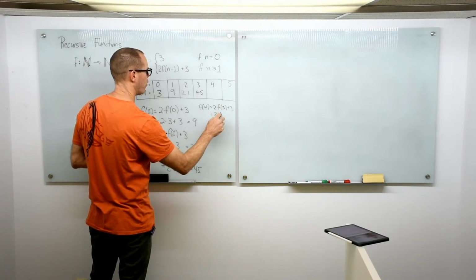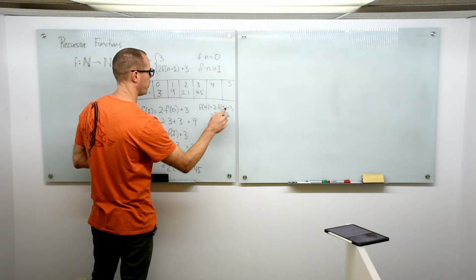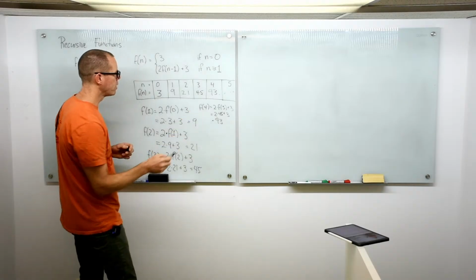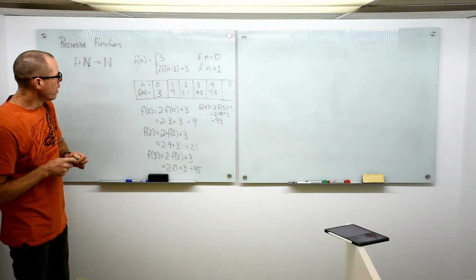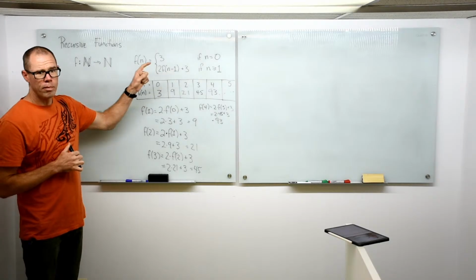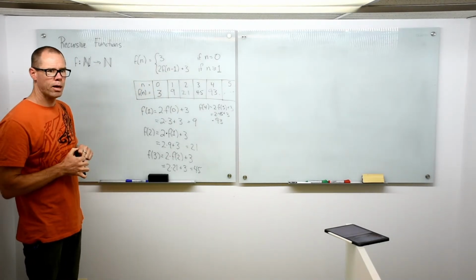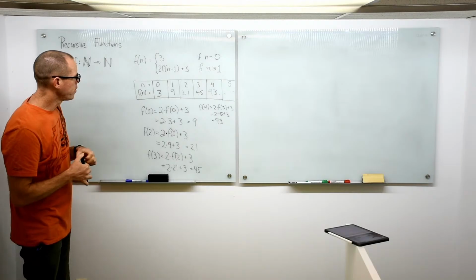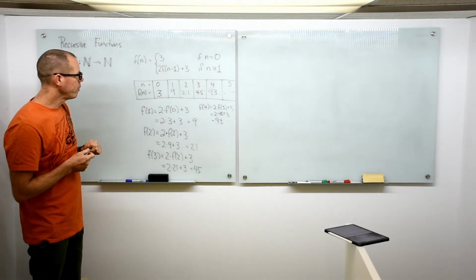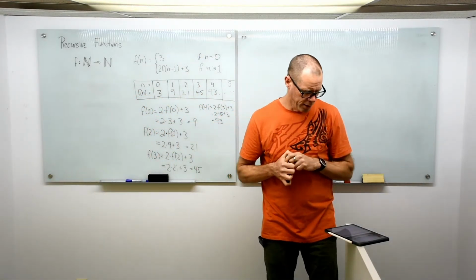That's 2 times 45 plus 3. That's 93. And so on. We could do this forever. What this shows is that for any non-negative integer n, this function is well defined. We can compute its value. So there it is. It's perfectly useful that way and well defined.